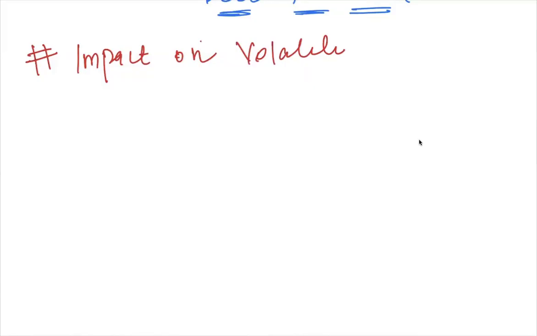Let's see how delta gets affected by volatility. Now tell me one thing. When volatility, let's see one thing.